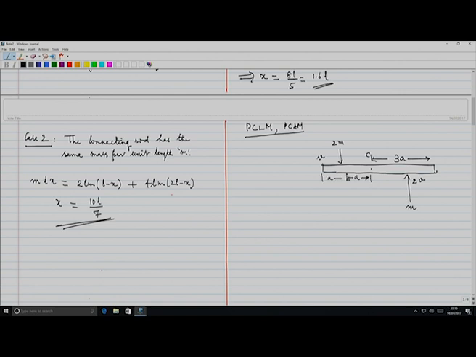This distance is a. Okay. 1. Determine VC, velocity of the center of mass.